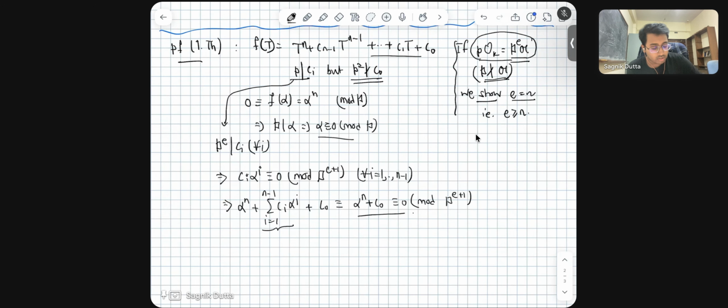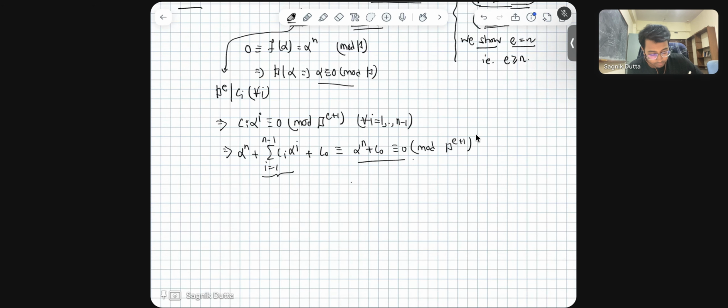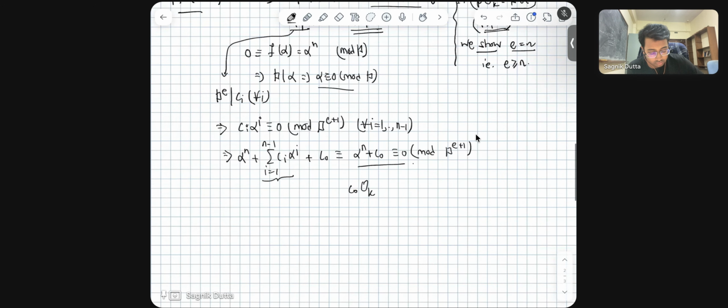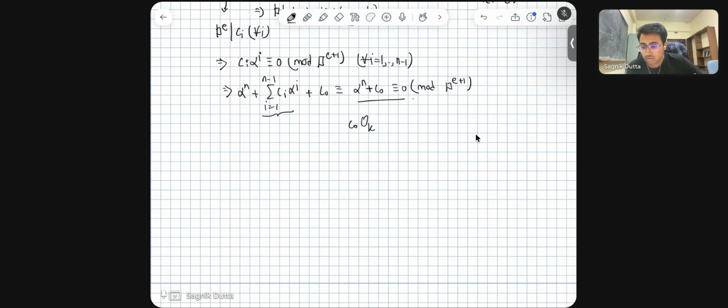We have already extracted all the possible powers of p that are there. So when you look at the ideal generated by C naught inside OK, this is divisible by p to the e, but not by a higher power, just from this equation.